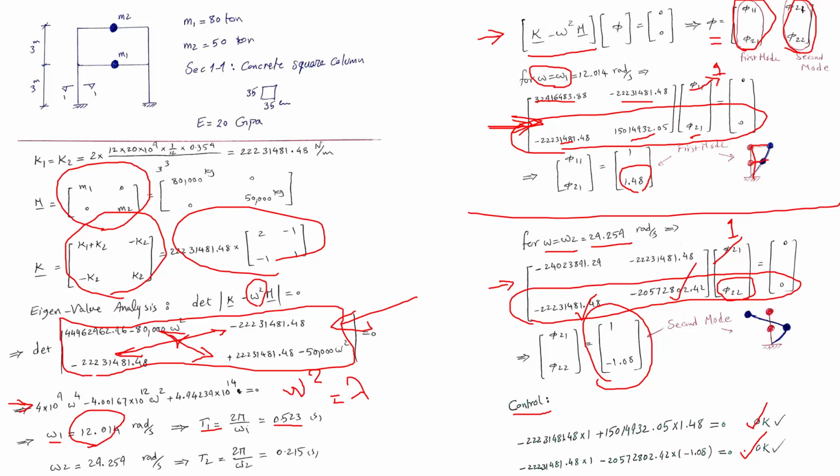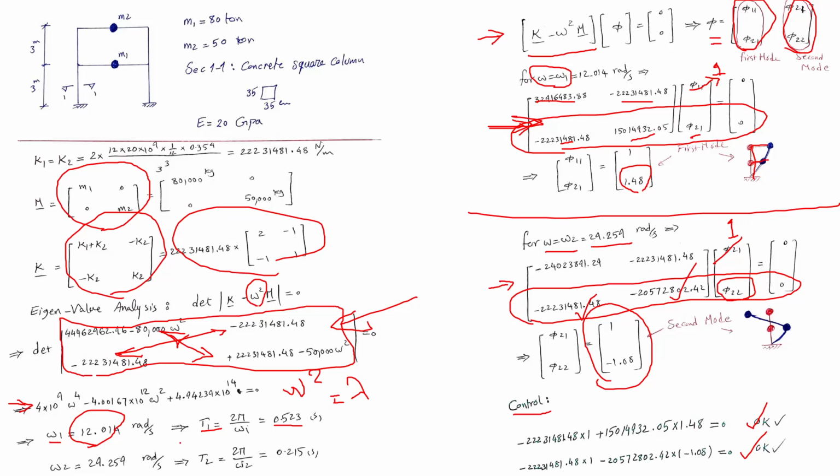With this kind of analysis, we proceed to calculate the eigenvalues on the left hand side and eigenvectors on the right hand side of the equations. It's worth noting that for the first assumption, phi 1,1 or in the second iteration phi 2,1, I take them equal to 1, but you can take whatever you want.